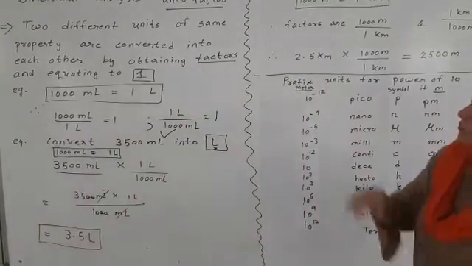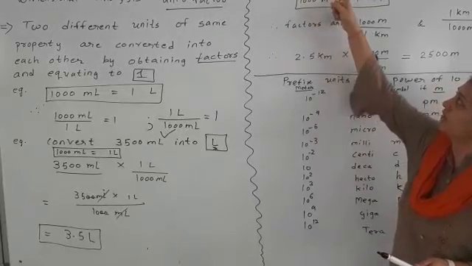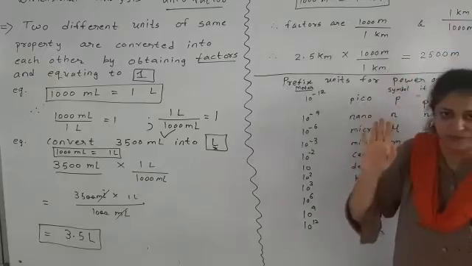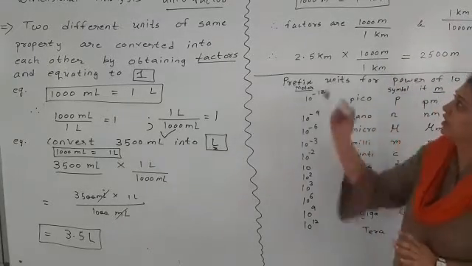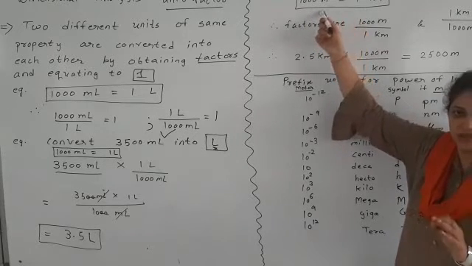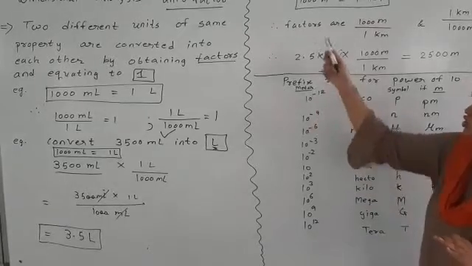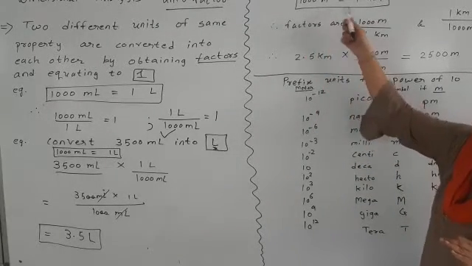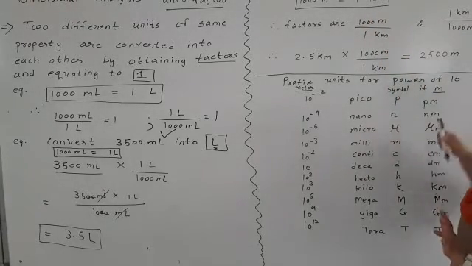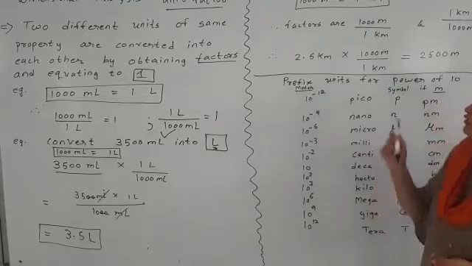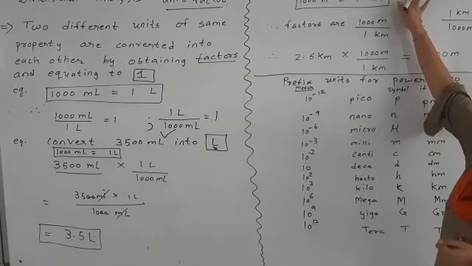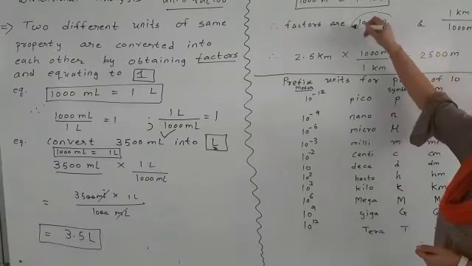Second example. Convert 2.5 kilometer into meter. First obtain the relation: 1000 meter is equal to 1 kilometer. So the factors will be 1000 meter upon 1 kilometer and 1 kilometer upon 1000 meter. Now how to select the factor? Since we are converting into meters, meter should appear in the numerator, so I am selecting this factor.